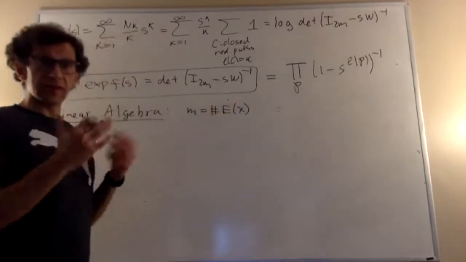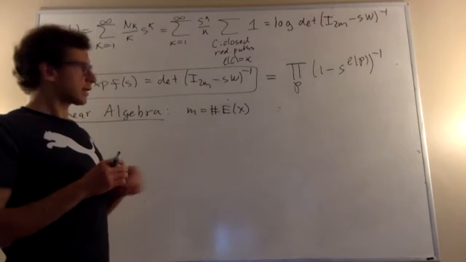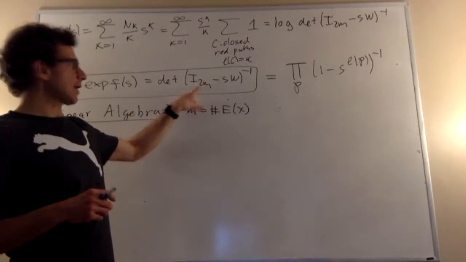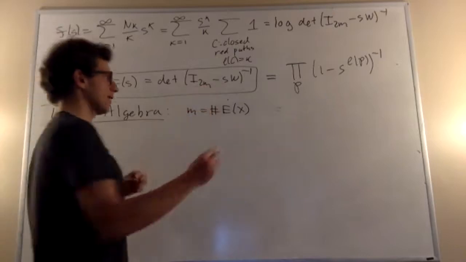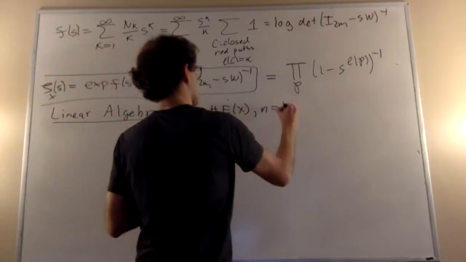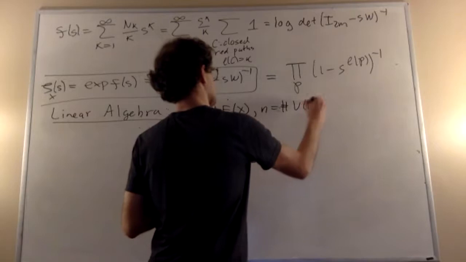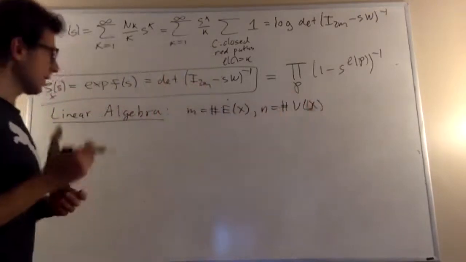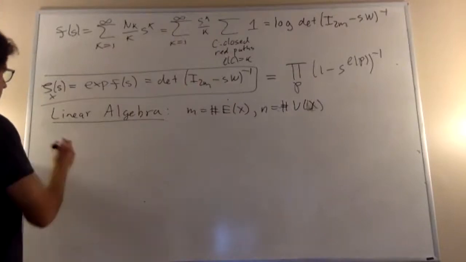Now, a graph, unless it's a tree, has more edges than vertices, and here we're doubling edges. So instead of having a 2m by 2m matrix, I want to have an n by n matrix, where n is the number of vertices of X.